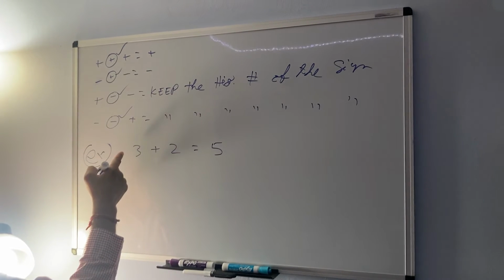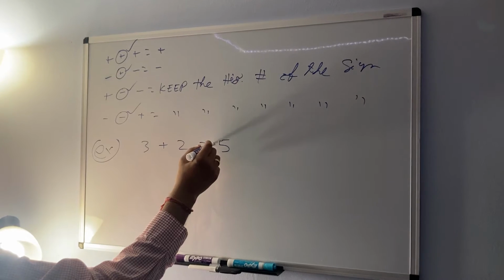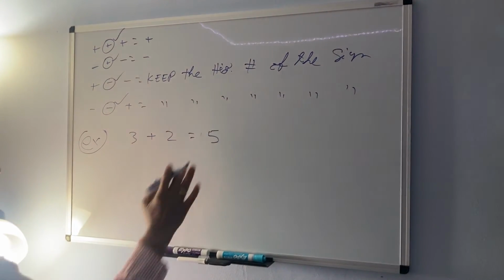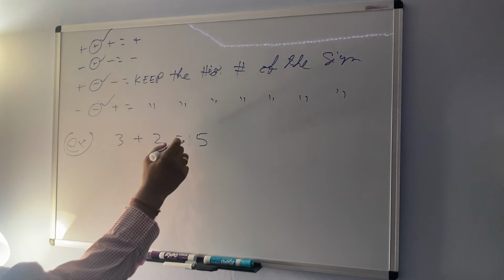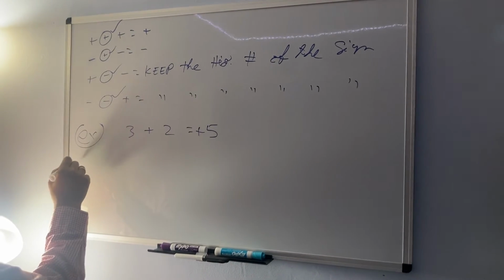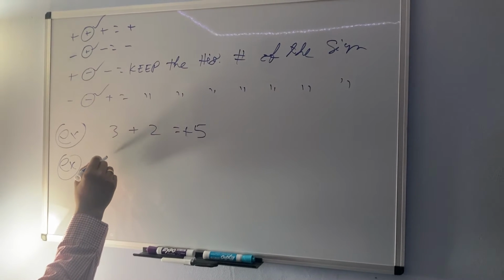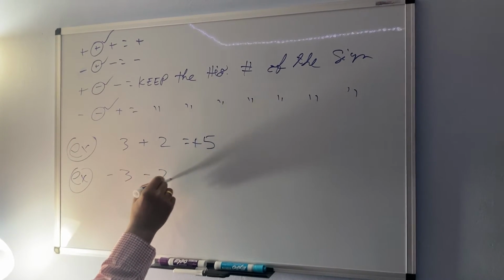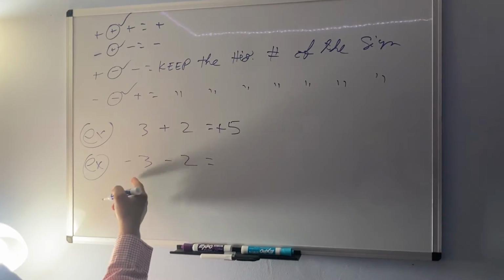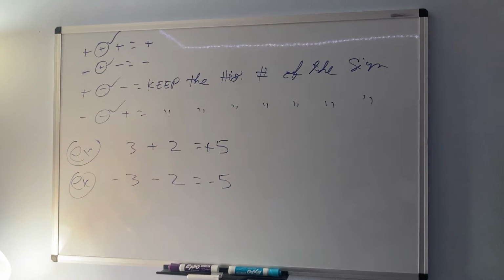In this case, the signs are the same, positive, and you keep the sign. If you don't have a sign, it's automatically positive, but if you'd like to put the positive sign in front, you could. So when the signs are the same, no matter what kind of sign it is, you always add and you keep the sign.